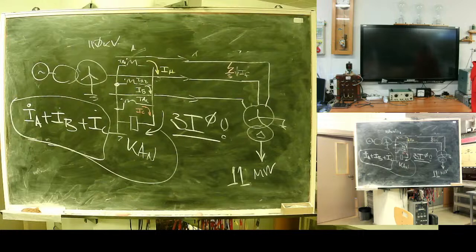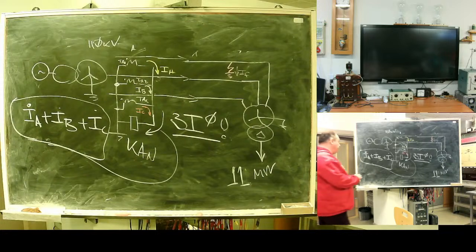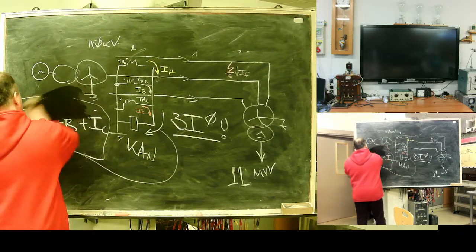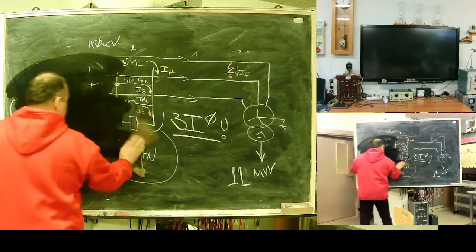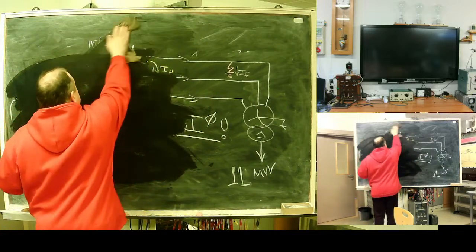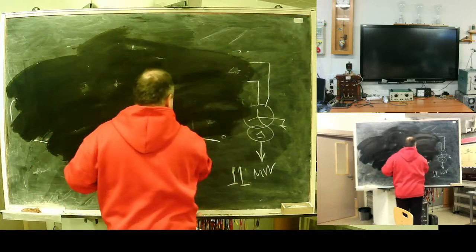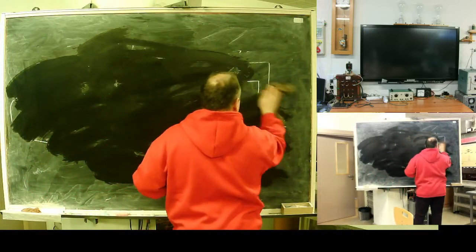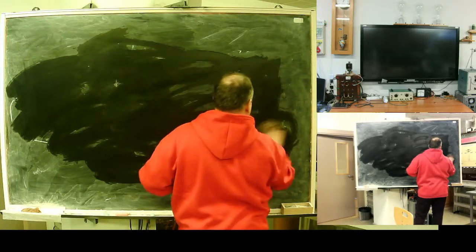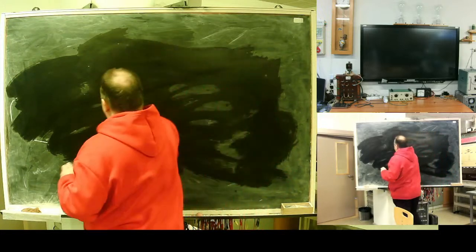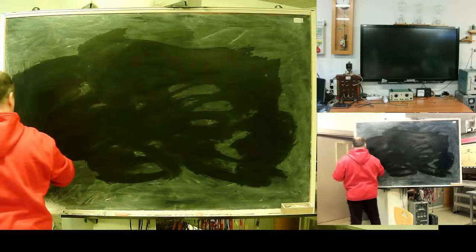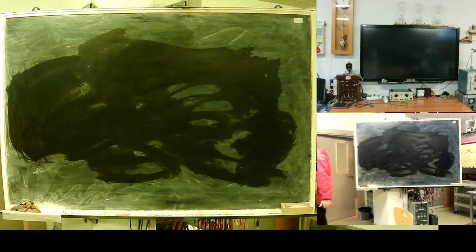That means this protection will require what? Direction. It should be polarized or directed. If we deal with a double-side fed network, we need direction.